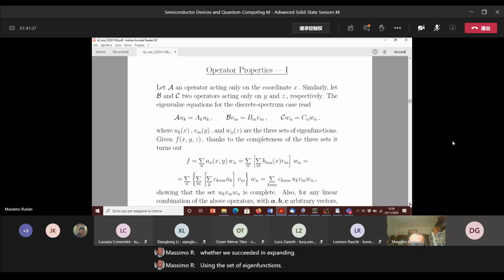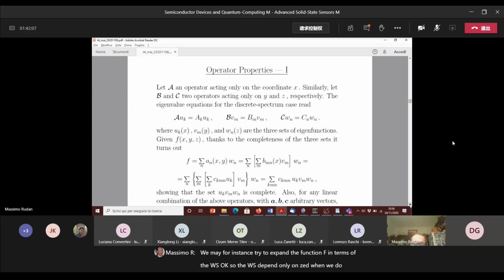We want to expand a general function f that depends on all coordinates. Okay. We can do it step by step because we may, for instance, try to expand the function f in terms of the w's. Okay, so the w's depend only on z.